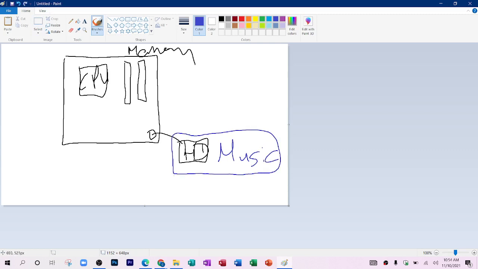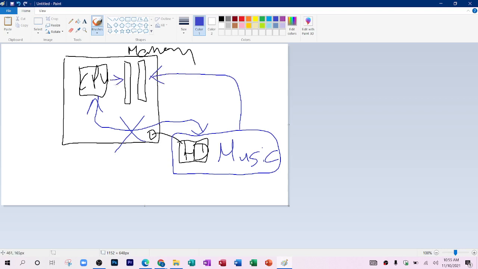Now what does the computer do? Once again, the CPU needs to process that file in order for you to hear the sound, in order for you to hear that music. So how is it going to get the data to process it? Once again, it's not going to go directly to the hard drive. Why? It's too slow. So what it's going to do is transfer the music file to memory, and then the CPU is going to look at memory.